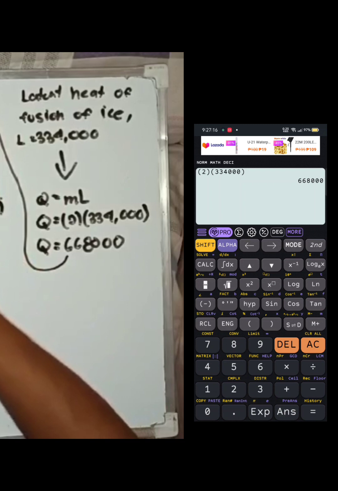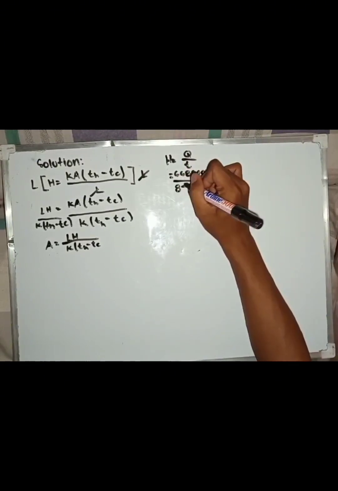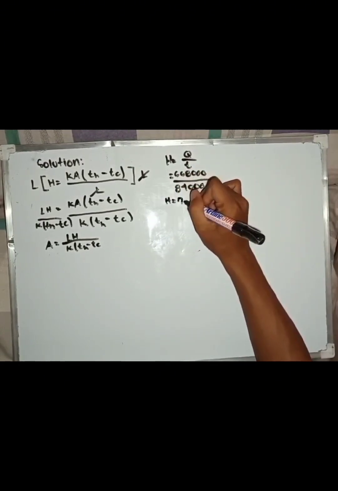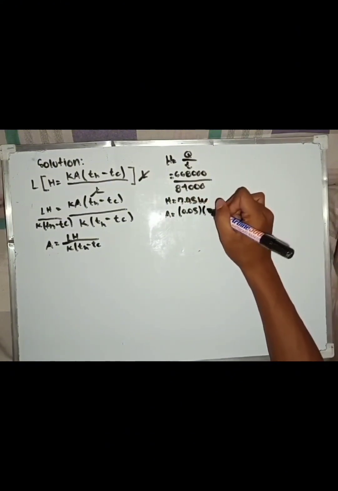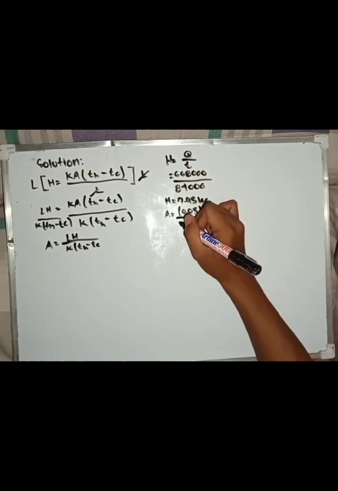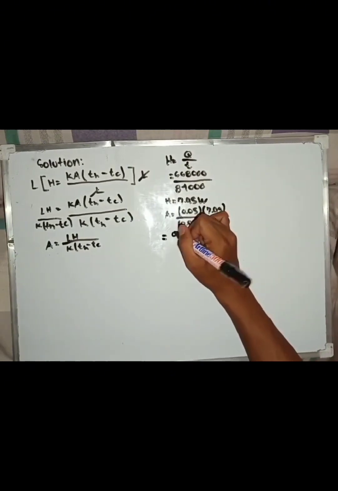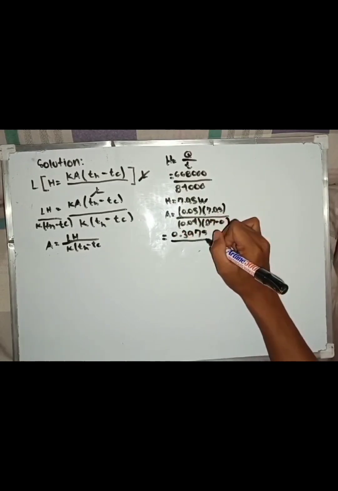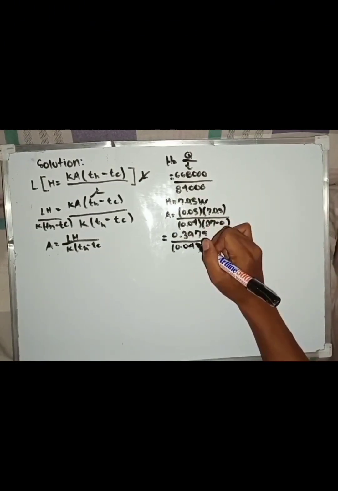Let's go back to our basic formula for heat current and substitute again. 668,000 divided by our time in seconds, 86,400 seconds, will give us the answer for the heat current, which is equal to 7.95 joules per second, or 7.95 watts.